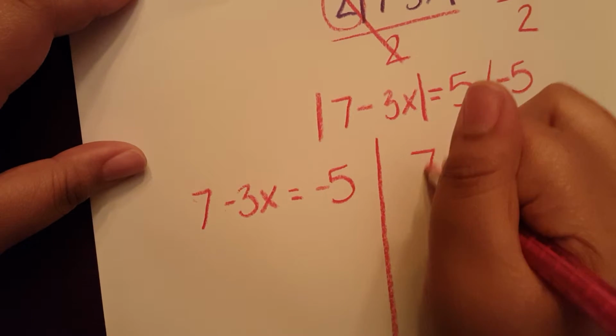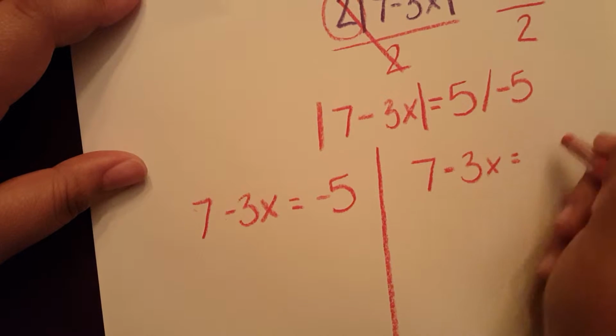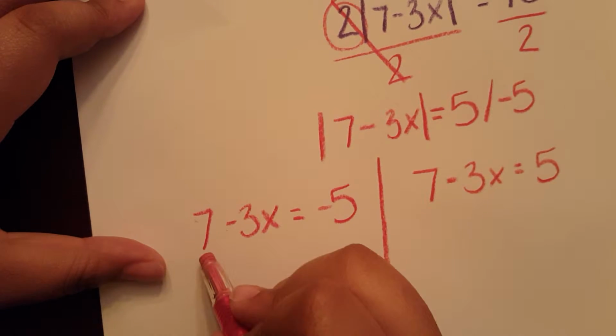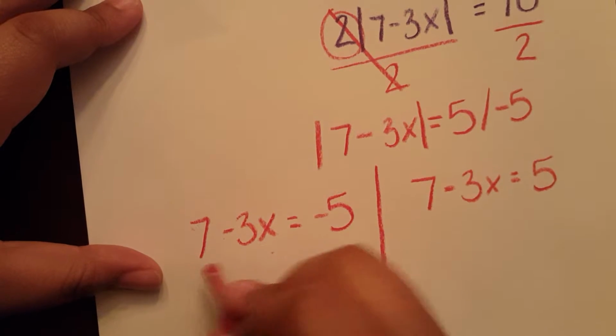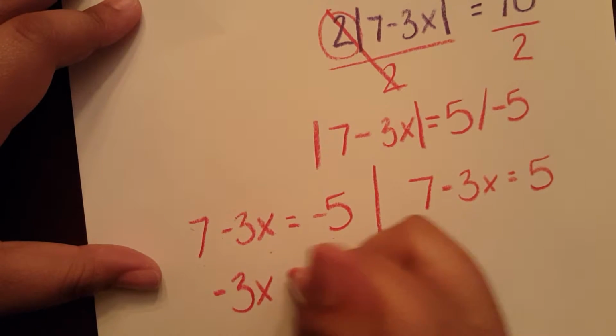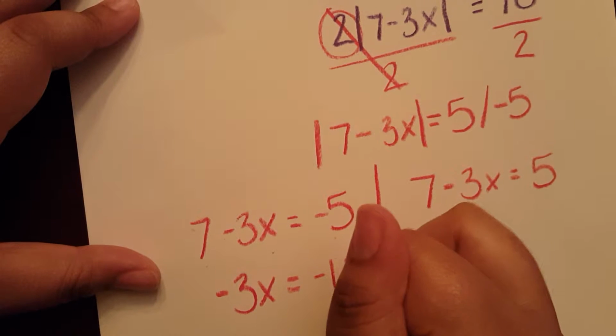And then over here you have a 7 minus 3x equals 5. So what you have to do, you have to get the x by itself. So you move the 7 over here.